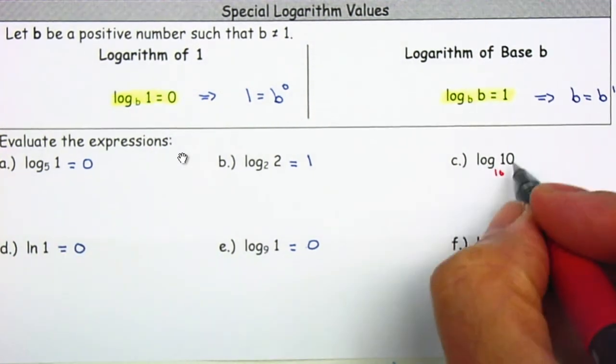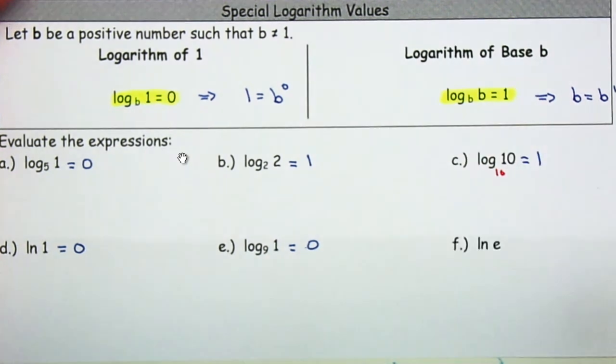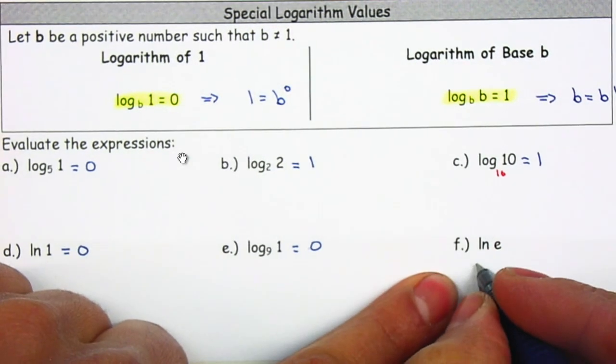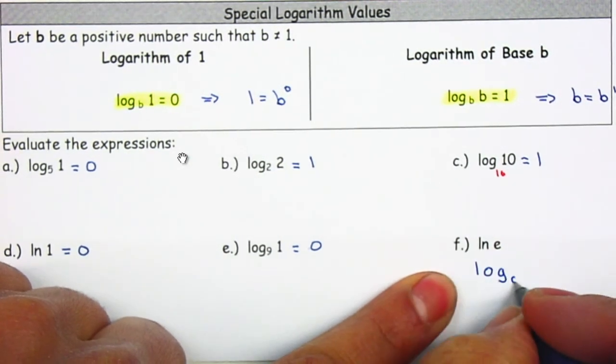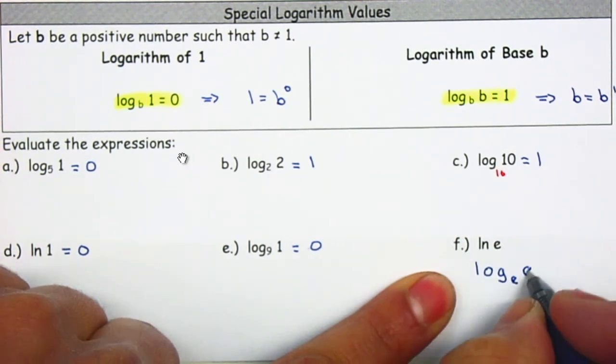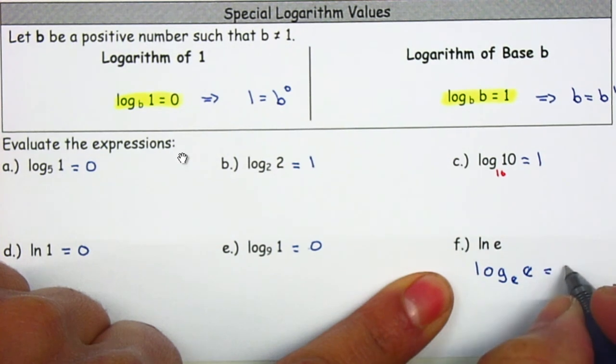So log base 10 of 10 will be equal to 1. Letter F can be written down as the log base e. ln stands for the log base e of e, because the base is the same. It's going to be equal to 1.